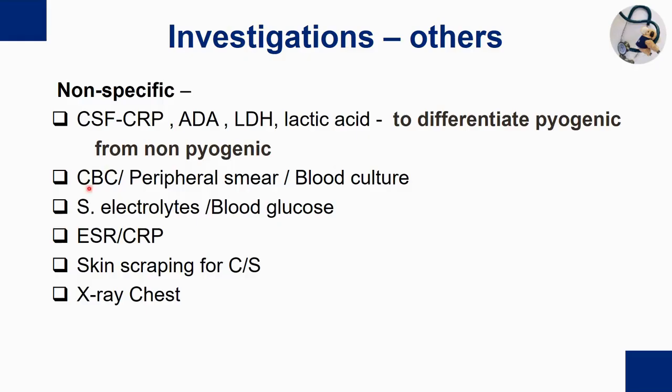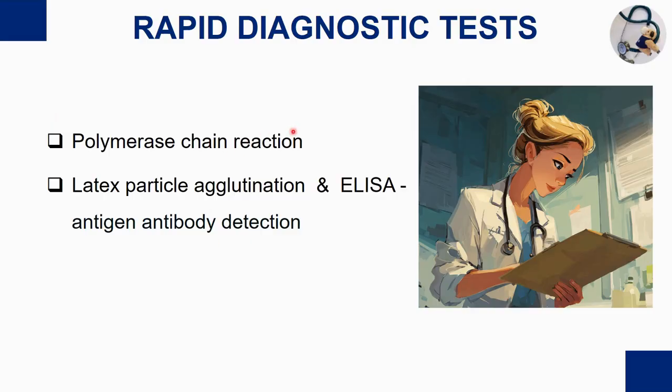Then you can do complete blood count, peripheral smear, blood culture, serum electrolytes, blood glucose level, ESR, CRP, skin scraping for culture sensitivity where required, X-ray chest, and even if the patient is very sick, ABG is sometimes required. For rapid diagnostic tests, you can do PCR, polymerase chain reaction, or latex agglutination test or an ELISA to detect the antigen or antibody.